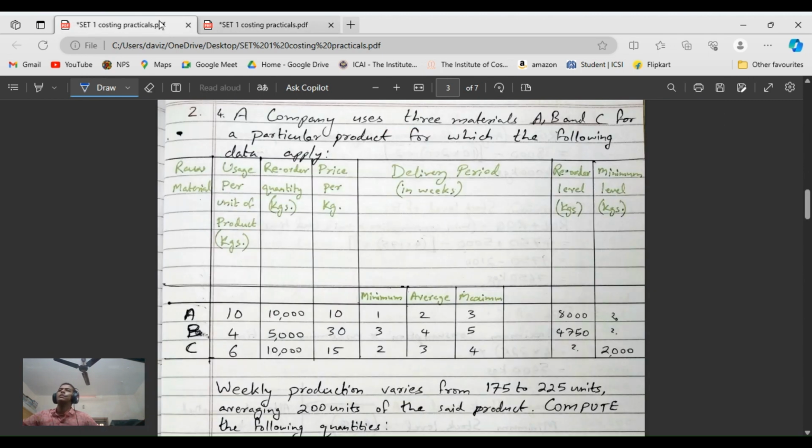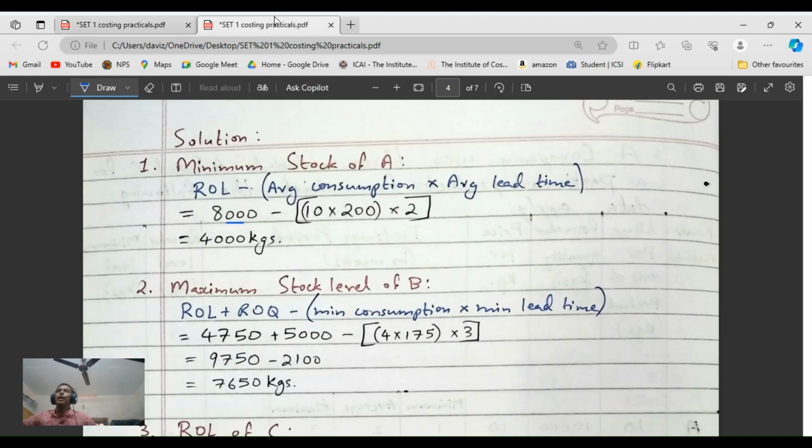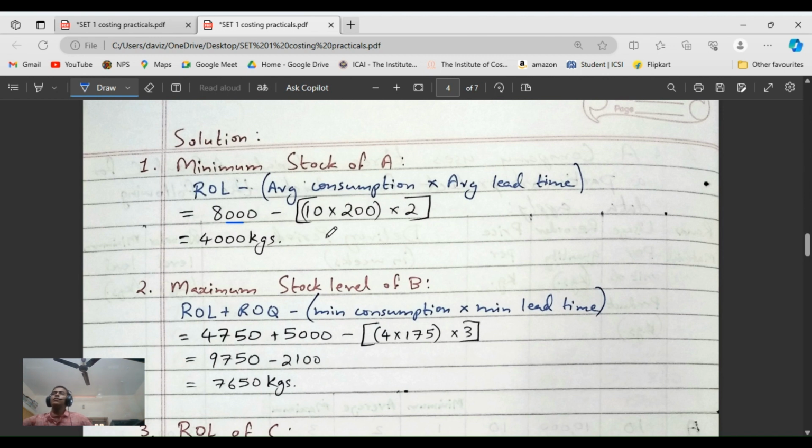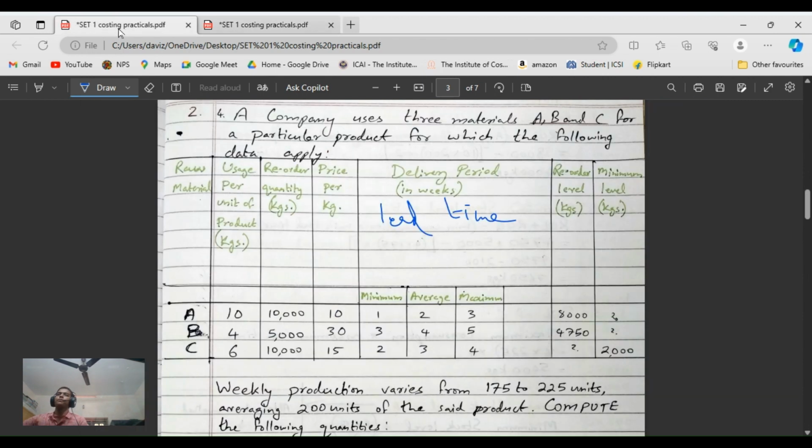The delivery period is also known as lead time. So average lead time is 2, and average consumption is 10 into 100, 200. So 8,000 minus 2,000 into 4,000 is 4,000 kgs. So we got the minimum stock of A.